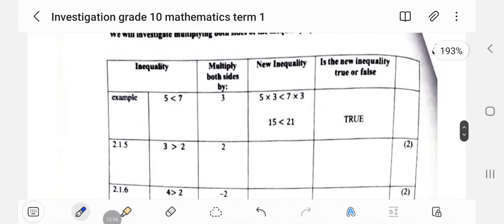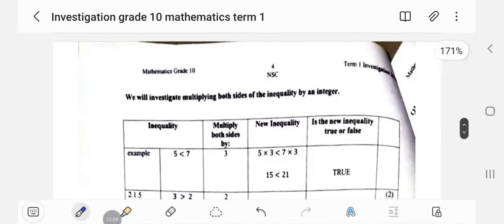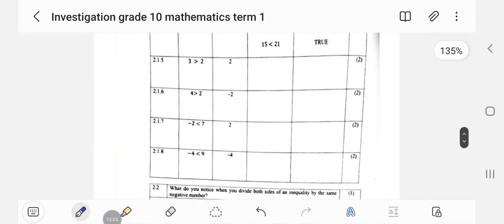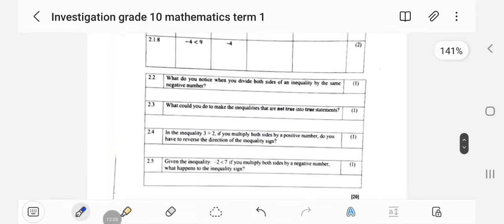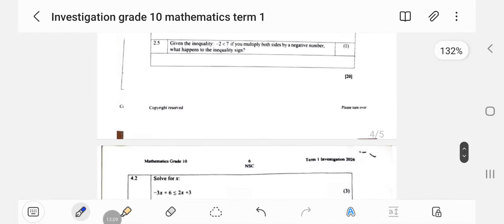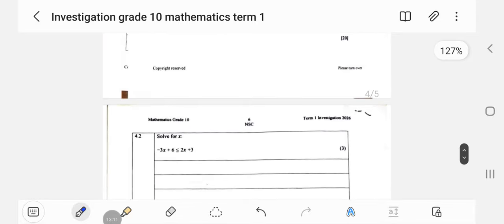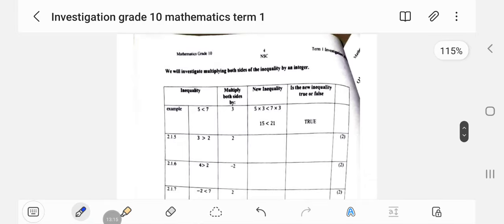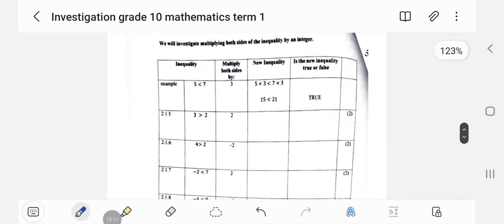Oh, by the way, we have question 2, which is worth 2 points. I've skipped some questions here. Let's go to 2.1.5.